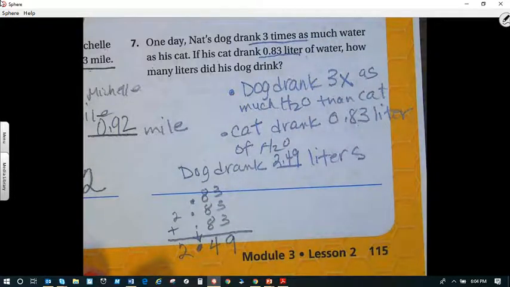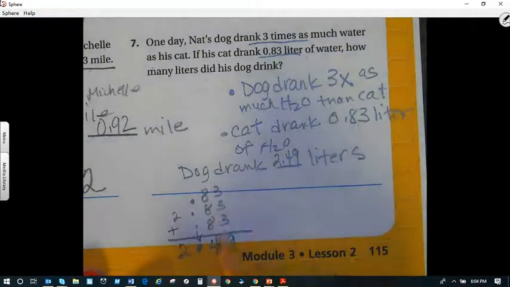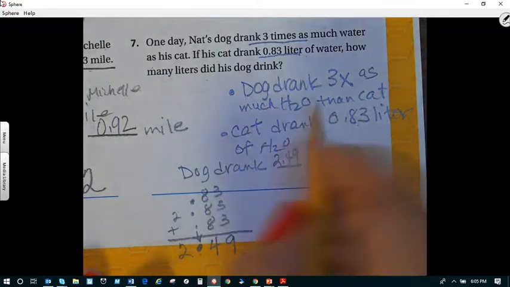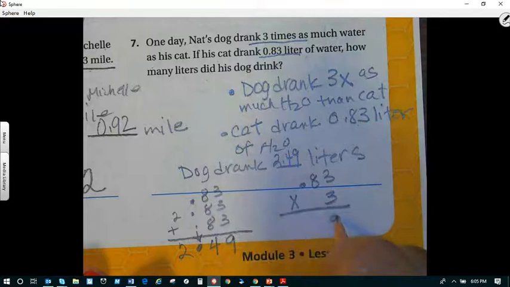The other way is multiplying it out and then moving the decimal, the 2 spots. Because you see here we had 2 spots over. We move that automatically, comes down when we're adding, but it would move over to the left twice as well. So here I have 83/100 times 3. 3 times 3 is 9. 3 times 8 is 24.